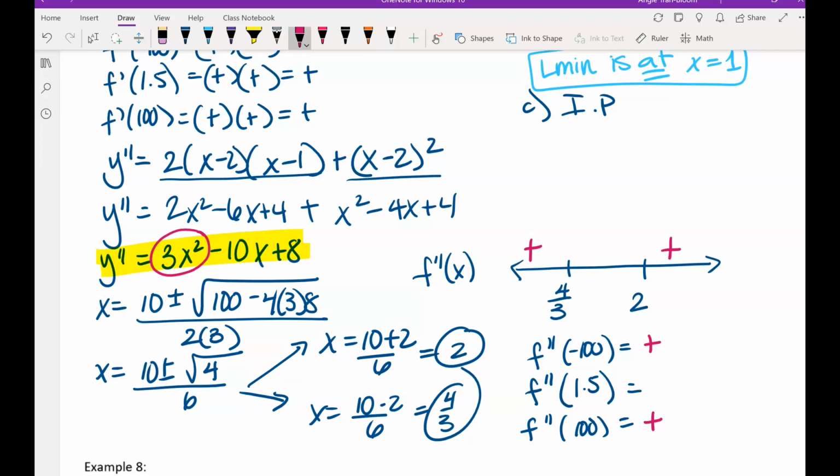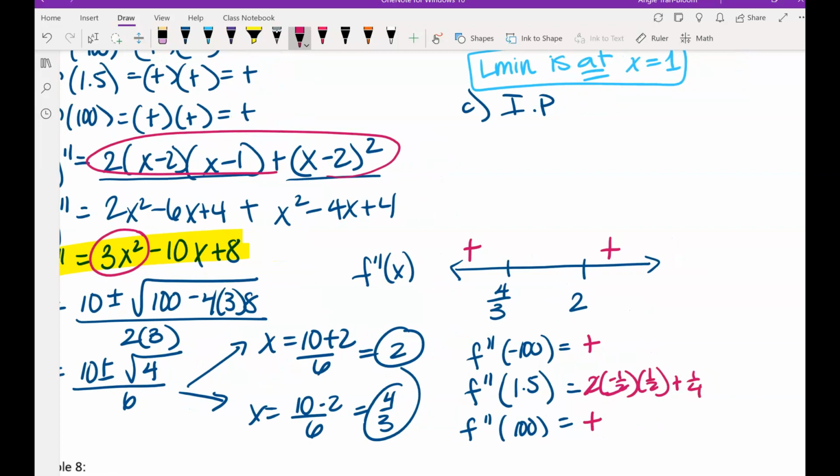Now for 1.5, it's easiest if I plug it into here because I don't have to do a lot of work, okay? So 2 times (1.5 minus 2) is now a negative half. 1.5 minus 1 is a positive half, plus 1.5 minus 2, that's going to be negative half, but squared is a quarter. So cancel that out.